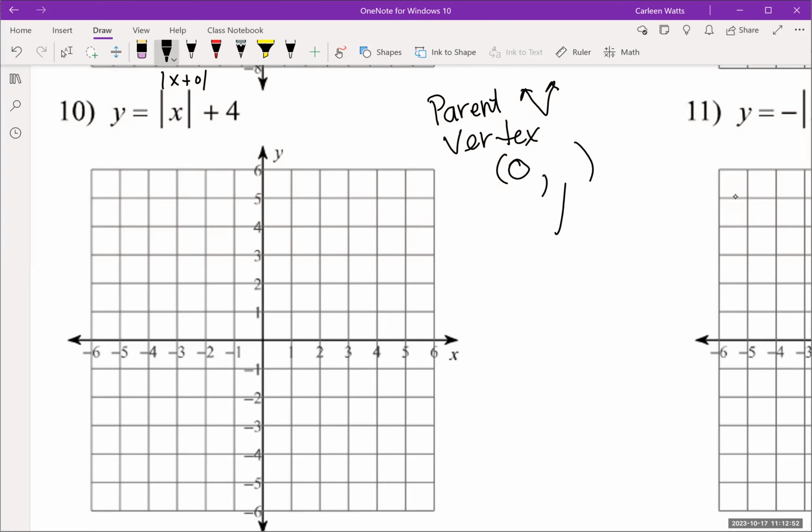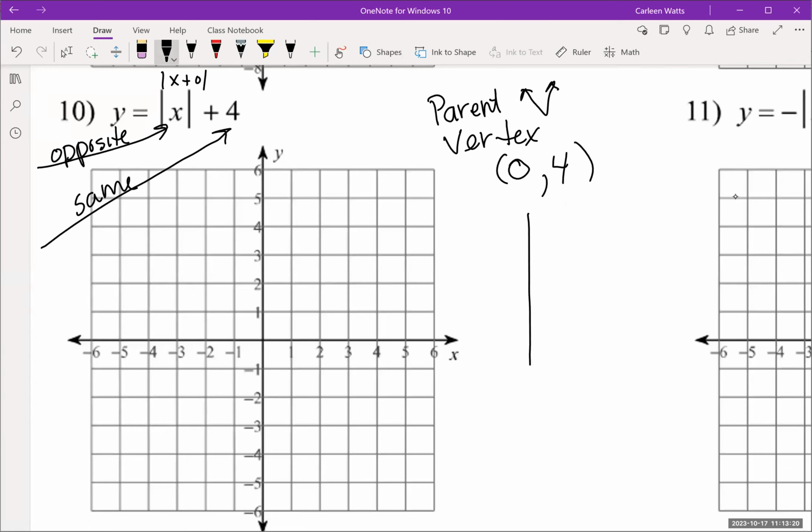The Y coordinate. So this is opposite sign, and this is same sign. What is the Y coordinate of the vertex going to be? Positive 4.